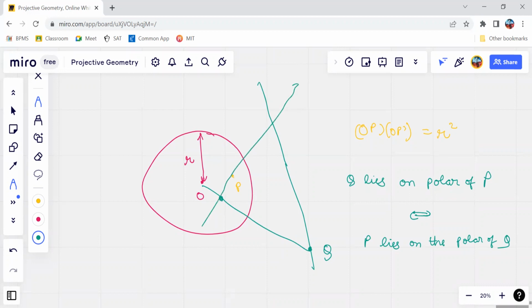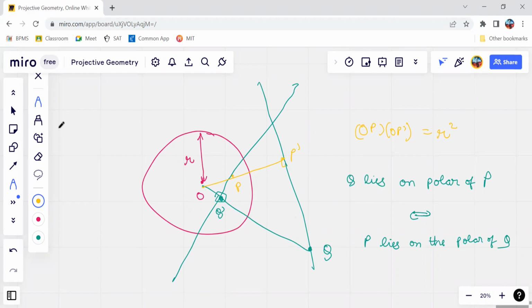This line here is going to be the polar of Q, if this is Q dash, and this is 90 degrees. So essentially, let's introduce P dash also. You want to show that angle PQ dash Q is 90.